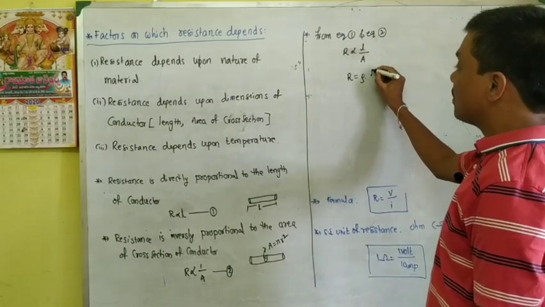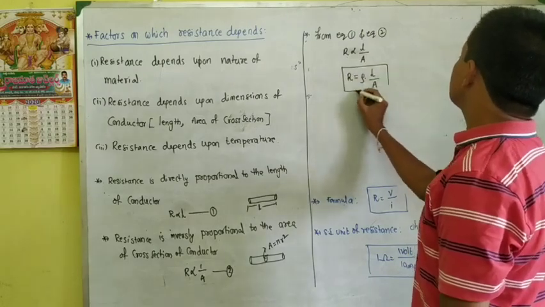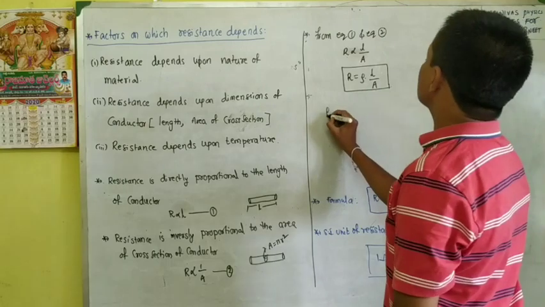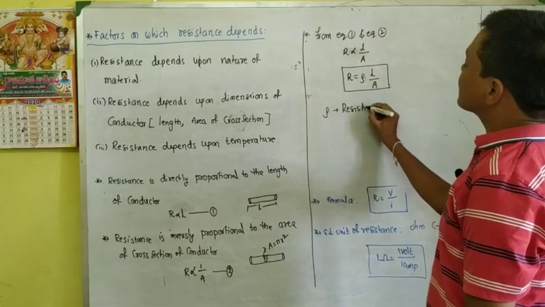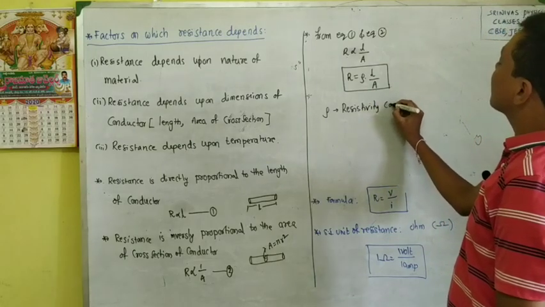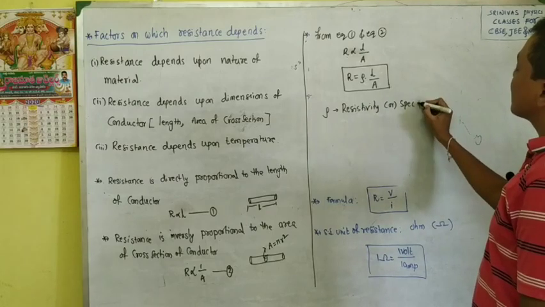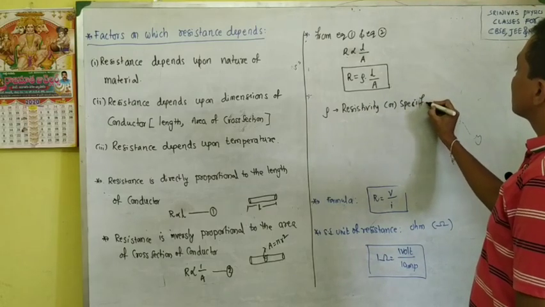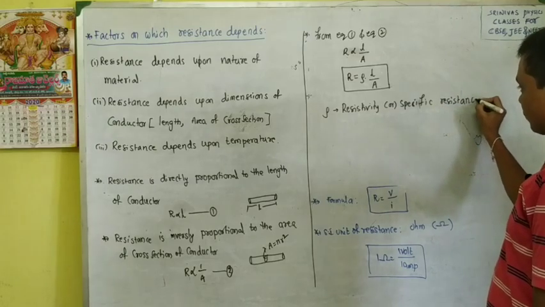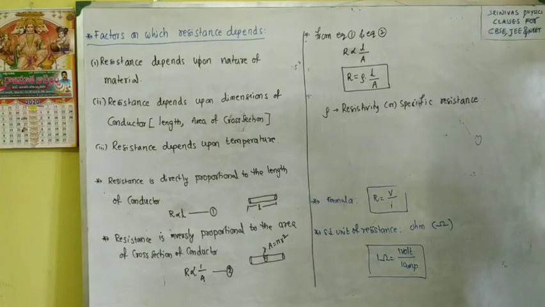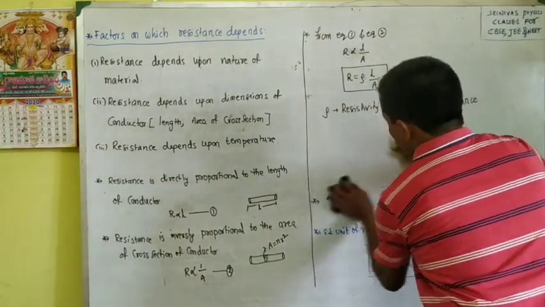R is equal to rho L by A. When we remove the proportionality, we get a constant, that is rho. Rho is the proportionality constant, said to be resistivity or specific resistance. In some books it may be denoted with S also.